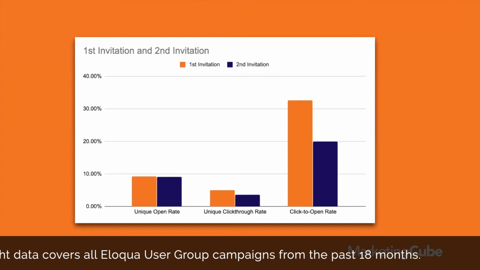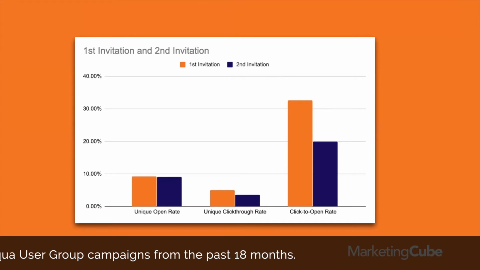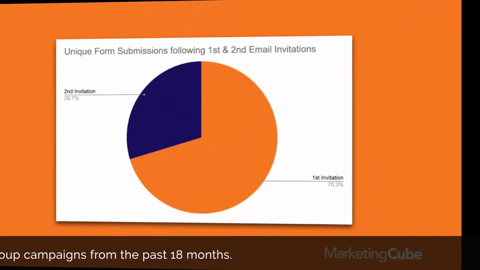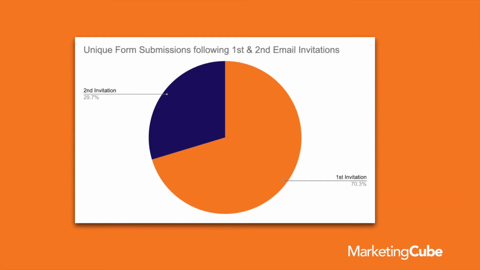So that's clicking behavior, which is good, but of course in this context it's all about who actually registers. And we can see here the unique form submissions following the first and second email broken down, that nearly 30% of the people that register for the user group do that based on the second email invitation that they received.